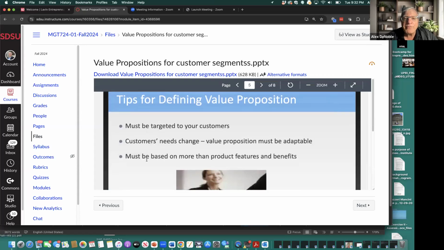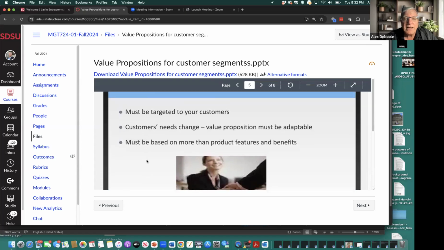So here's some tips for defining your value proposition. It must be targeted toward your customers. If you have multiple customer segments, then you need to think about, does your value proposition fit all of these different segments, or do you need to understand different customers and ultimately design different value propositions for each customer segment you're intending to target?